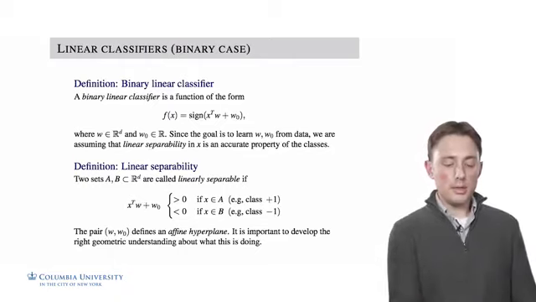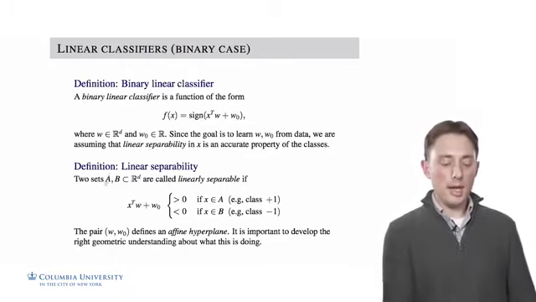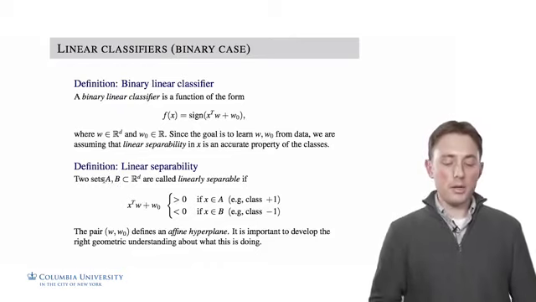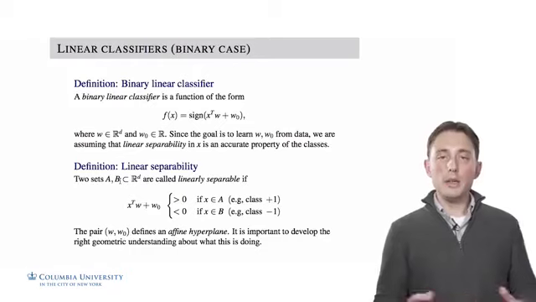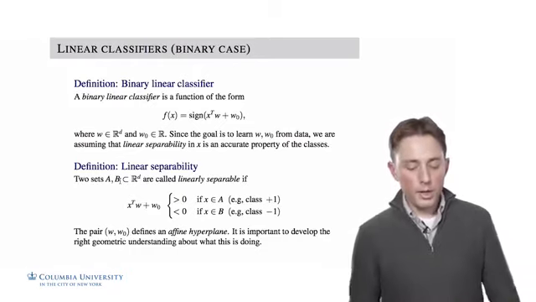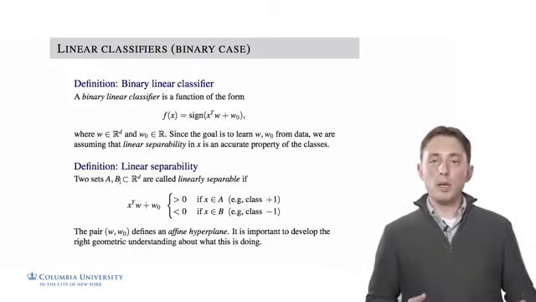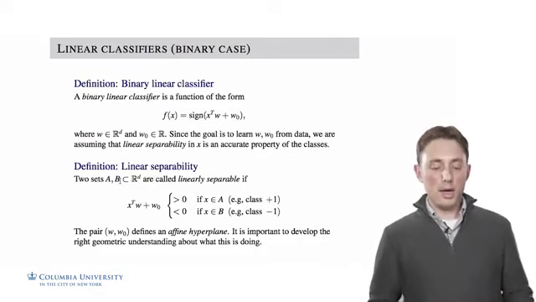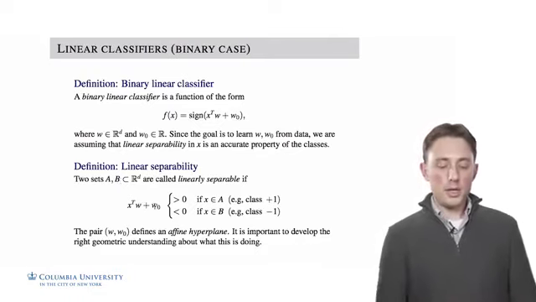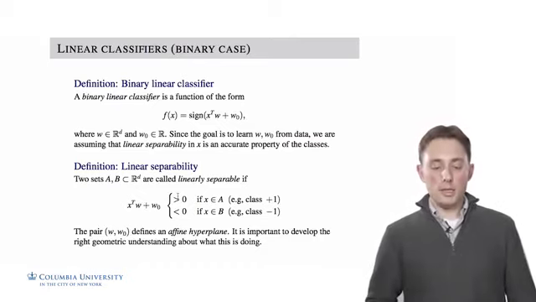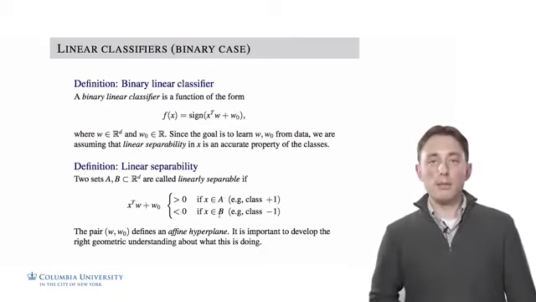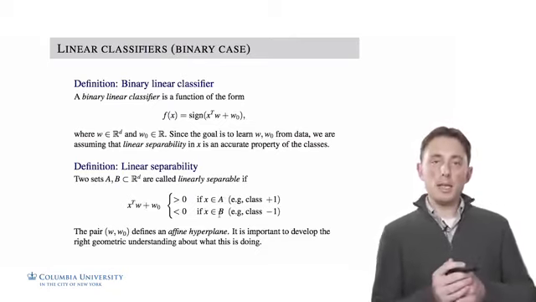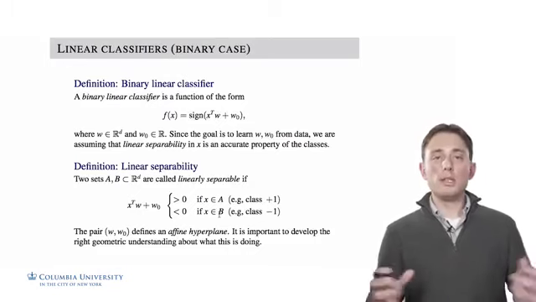Two subsets of Rd, A and B, where A is a set of vectors in Rd and B is another set of vectors in Rd, are linearly separable if it's possible to find a vector w and a constant w naught such that this function is always positive for any x in set A and always negative for any x in set B. In this case, we say that those two sets are linearly separable.